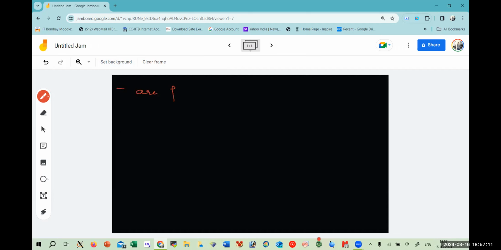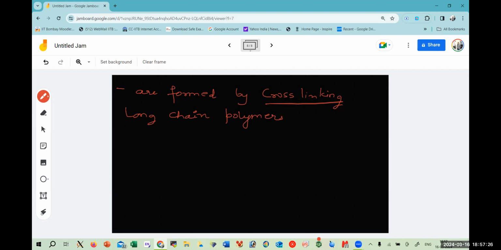They are formed by cross-linking long chain polymers. And they exhibit high segment mobility.